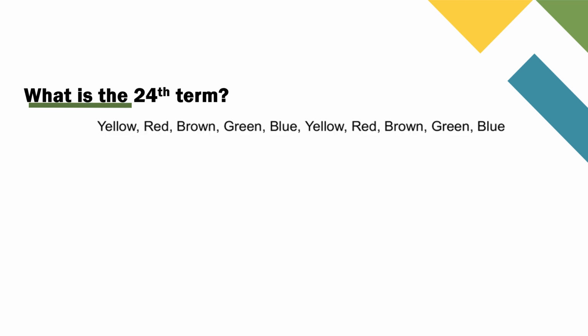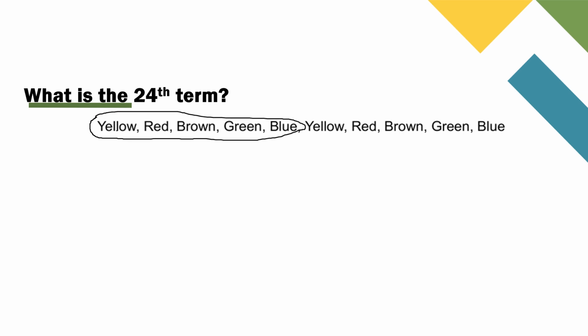Let's try another. What is the 24th term of this pattern? What do we have? Yellow, red, brown, green, blue. Yellow, red, brown, green, blue. My foundation, where do I start to repeat? It's after the blue.